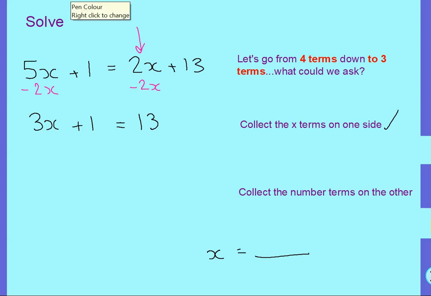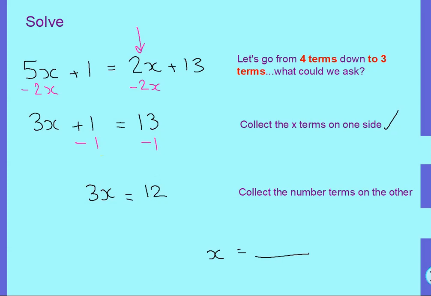Well, we've got a positive 1, so we're going to subtract 1 from both sides. So put the -1 underneath the number terms because they're like terms. Equals, in a line. The 3x, nothing's happening. The 1 is going to disappear, and the 13 is going to become a 12.